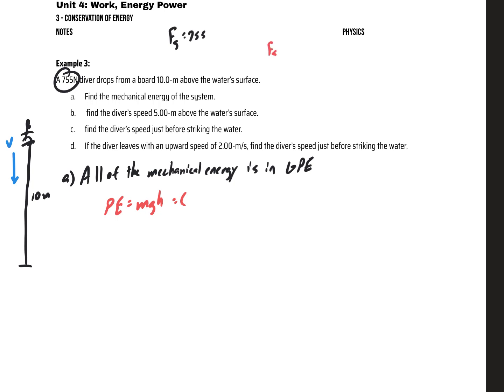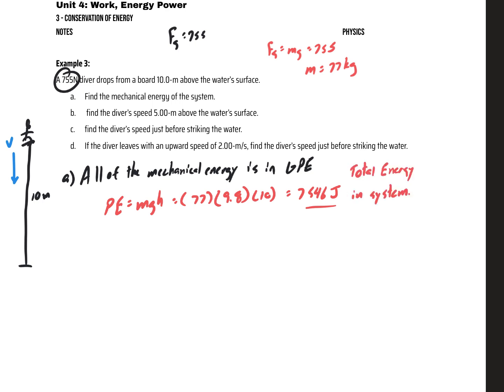If Fg is equal to mg, and I know that is 755, I'm going to divide by 9.8, and I get a mass of about 77 kilograms. So here's my 77, there's my m. Go ahead and use 9.8 for gravity, and he's 10 meters up in the air. So the total energy in this system is 7546 joules. Total energy in system.